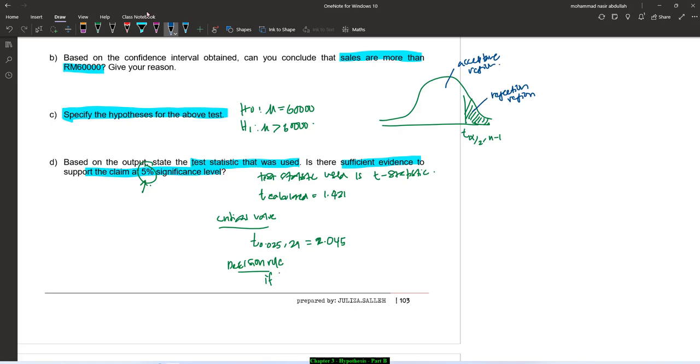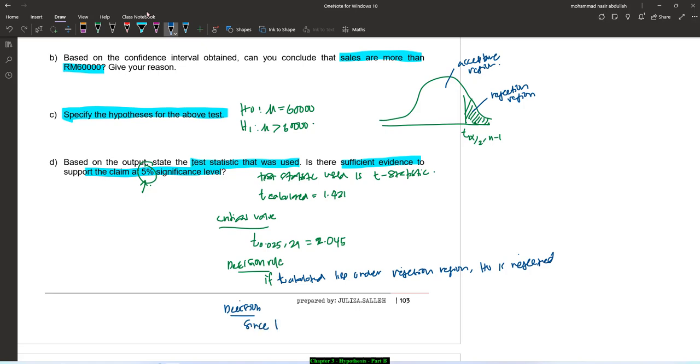So if t calculated lies under the rejection region, null hypothesis is rejected, right?